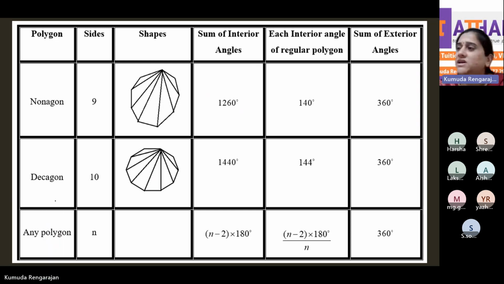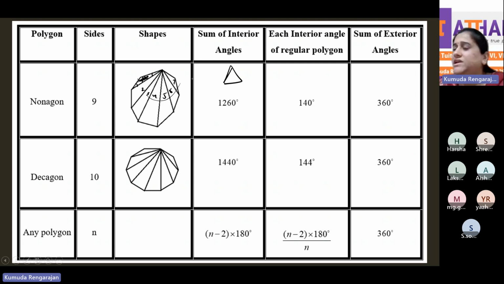Shall I tell you again? You got it? The sum of all the angles in this triangle is 180 degrees, right? In this triangle, 180 degrees. So in all the 7 triangles, 1, 2, 3, 4, 5, 6, 7 triangles are there, the sum of all the angles will be 7 into 180.